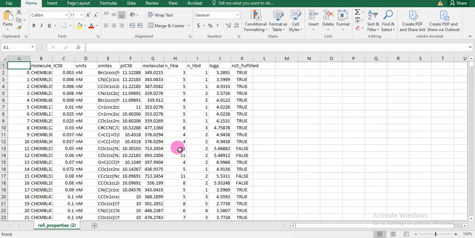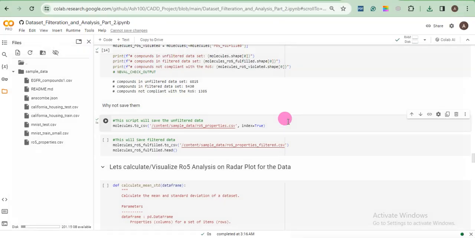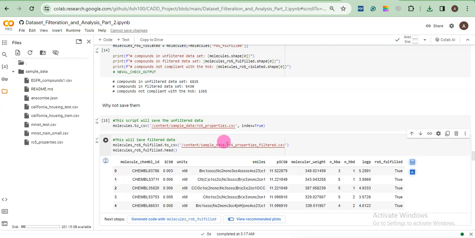Yeah, here it is deviating 11. So this dataset contains all the data, but you will need to change these names in your project if you want to. The name is rule of 5 properties filtered. So this dataset only contains 5430 compounds. I removed those which are not following the rule of 5.